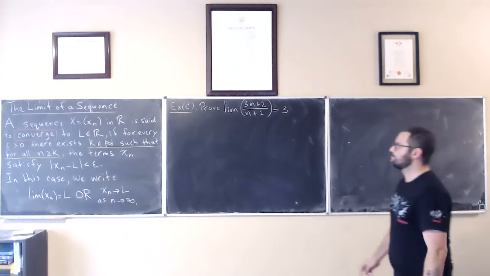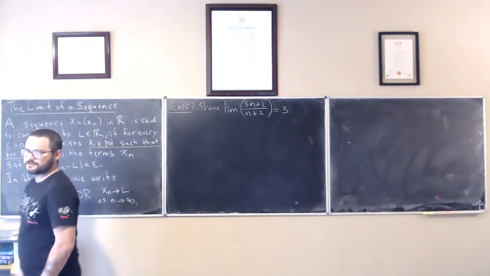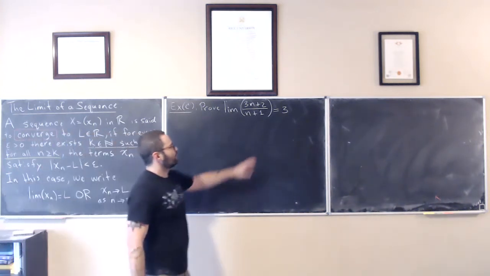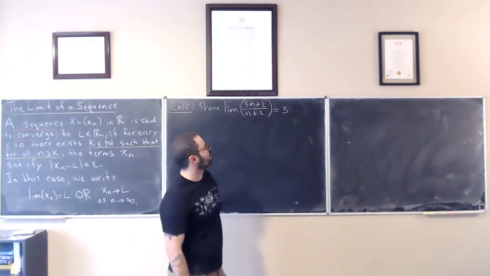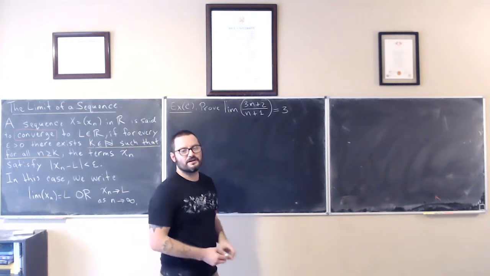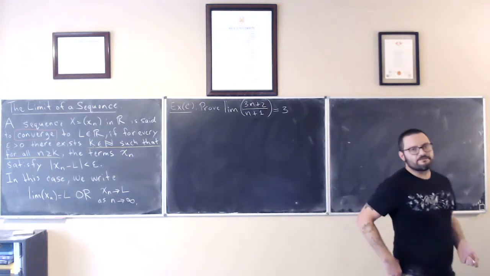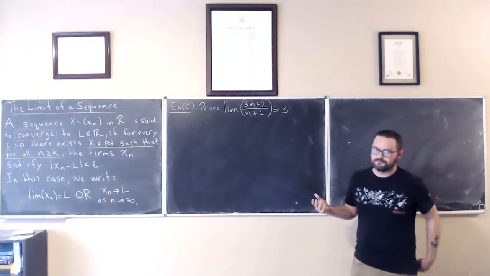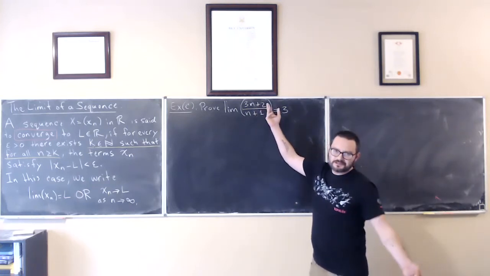Okay, so before moving forward on this one, I want you to take time and think about what happens to this ratio when n gets really big. So for example, if n was 2 trillion, does that 2 even matter, really?